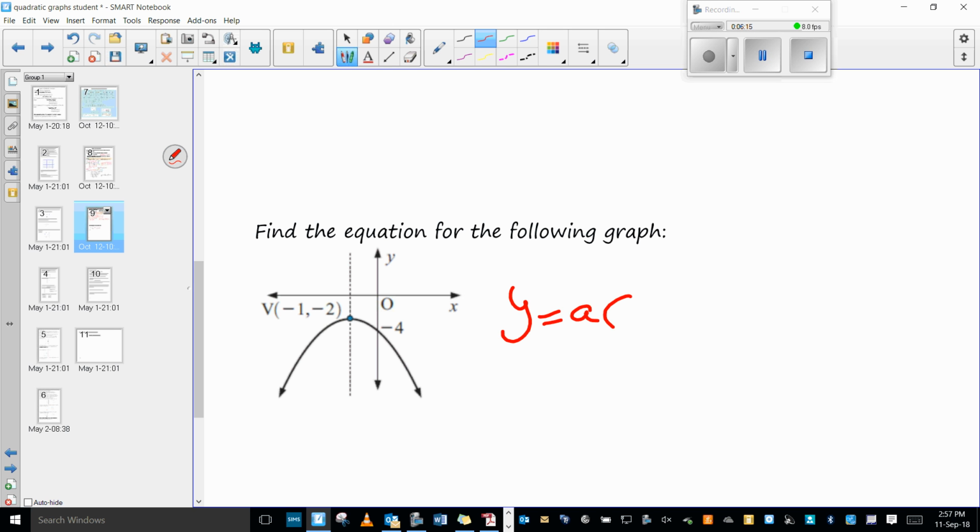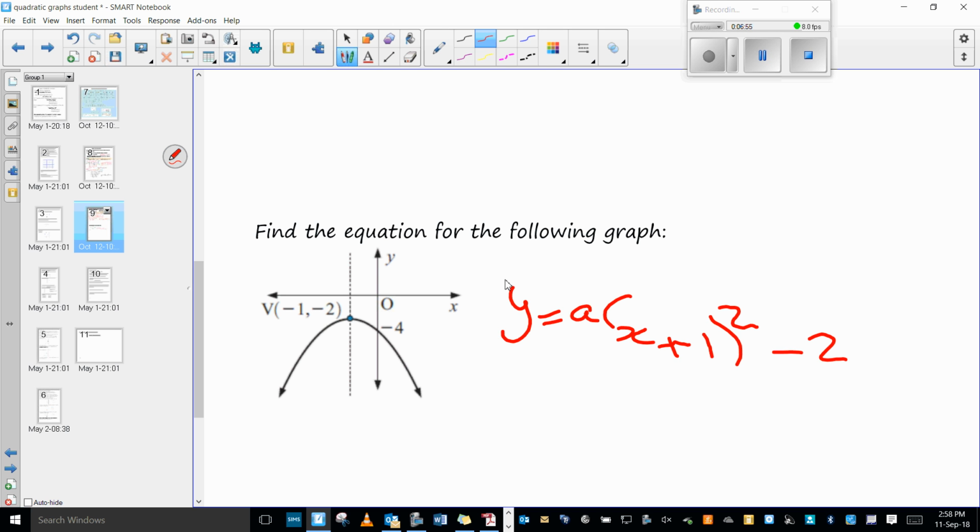So x minus, careful, no, x plus 1, and then the closed bracket squared plus 2. Okay. No, minus. Okay? Very good. Alright. So we've got the vertex is at (-1, -2). So remember it's the opposite value of the x coordinate goes in the bracket. It's that squared. And then the y coordinate is as is.